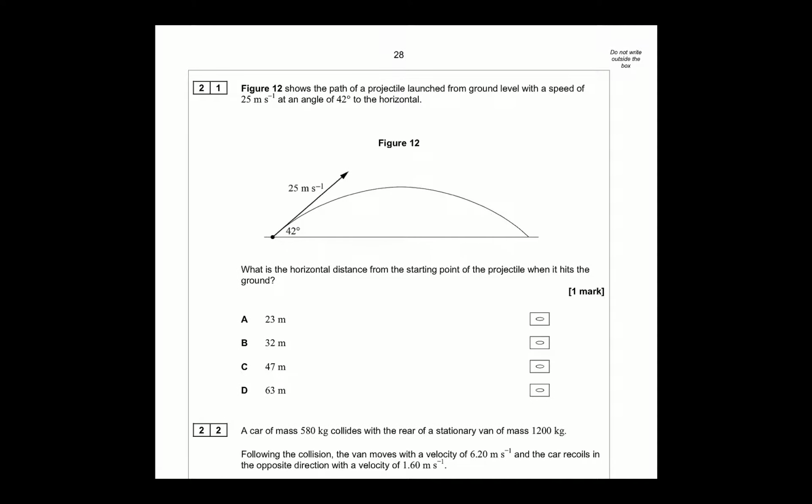what you do is you break this apart. Okay, so this is 25 sine 45, and this is 25 cos 45. Okay, so what you have to do is figure out the time of flight.